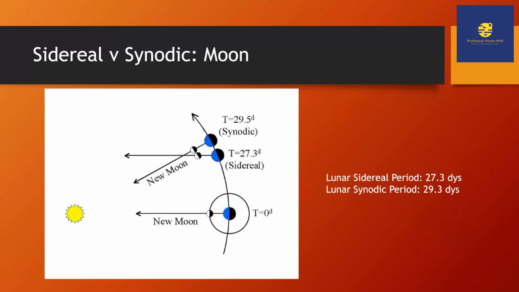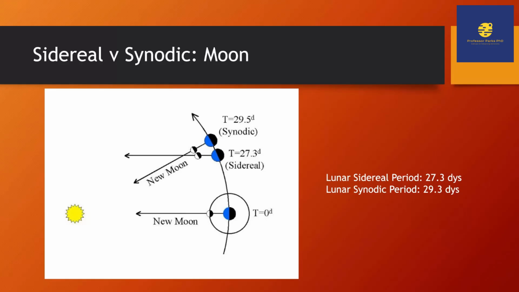And again, this is due to the fact that the Earth is not stationary and is moving with respect to the sun. And so as the moon is orbiting around, new moon is where the moon and the sun are relatively along the same line. They are in the same portion of the sky.